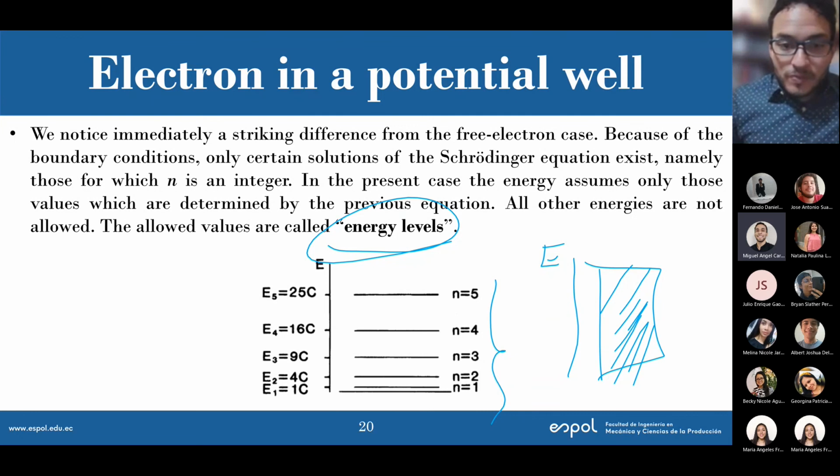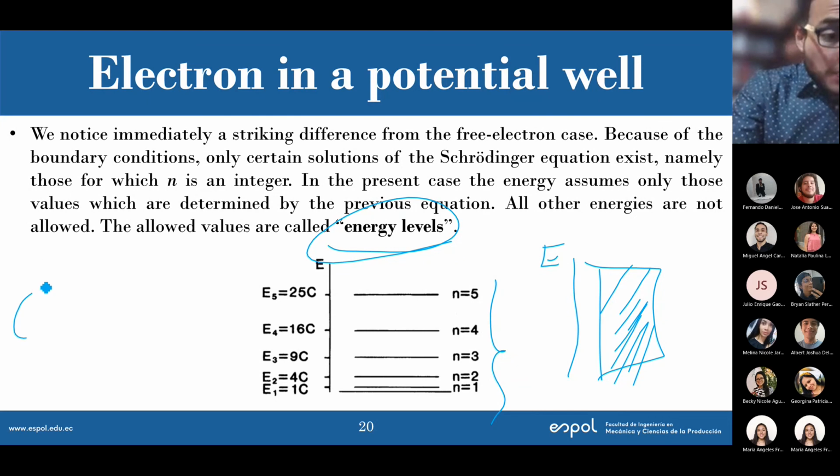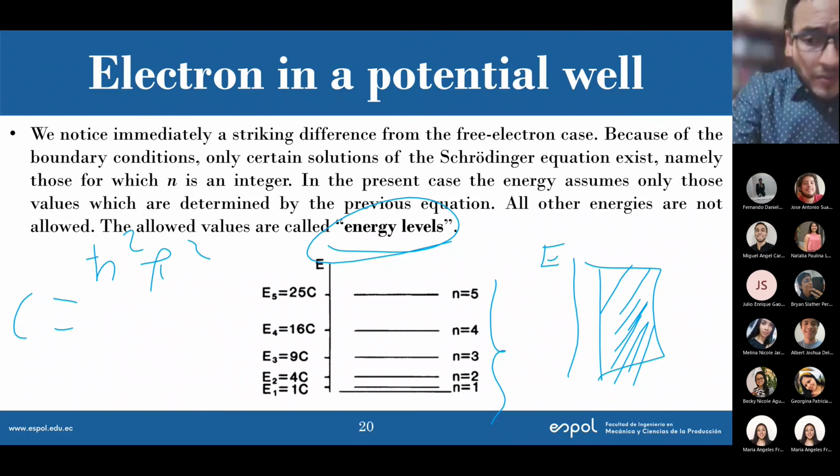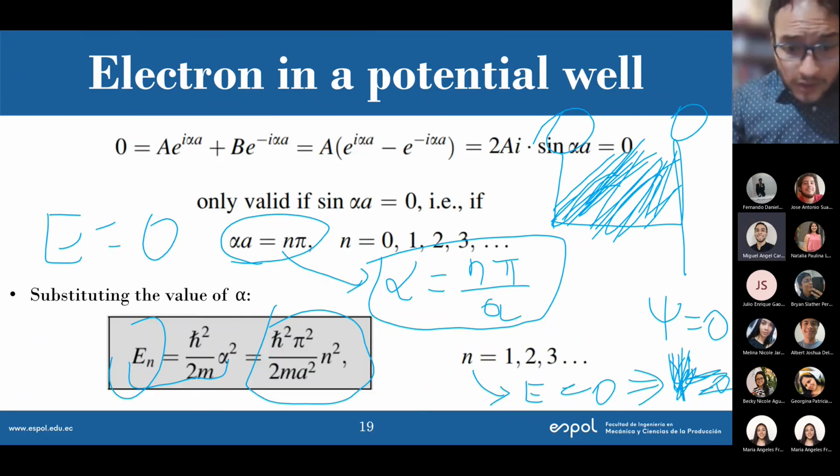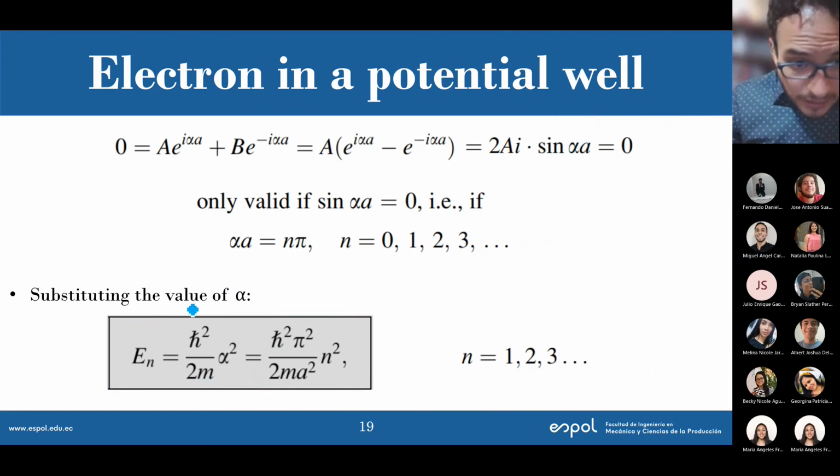I have a question. What is C? Oh yeah, C is just the constant here. It should be Planck's constant squared times pi squared divided by 2ma squared. So it's just the constant of this.